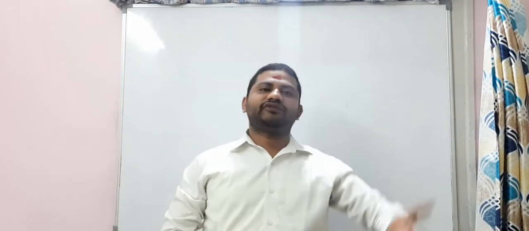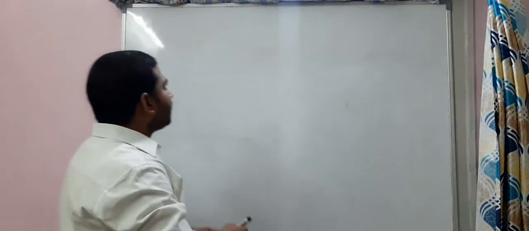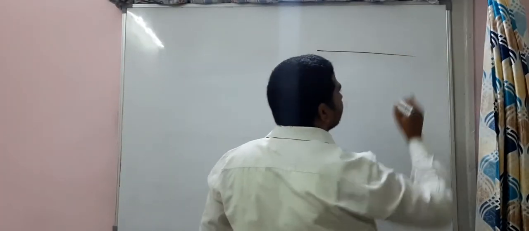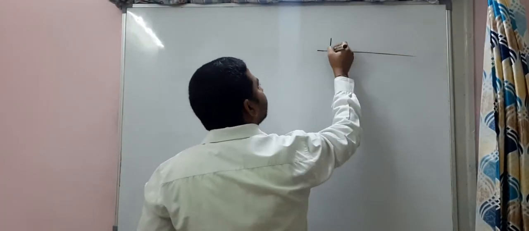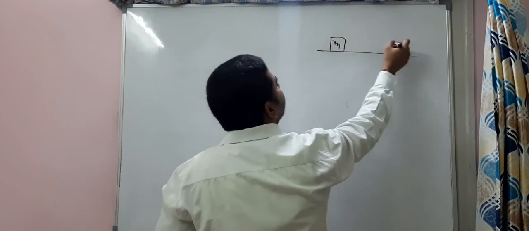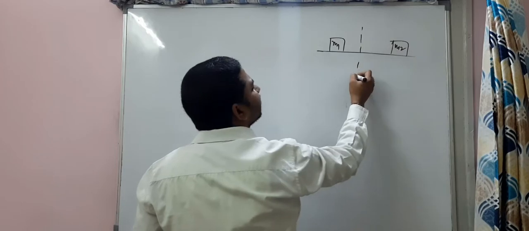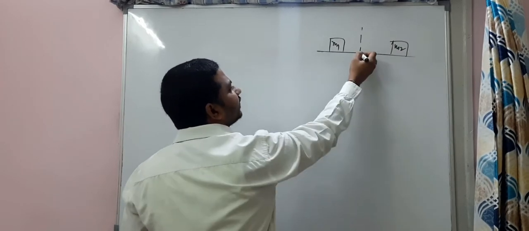Alright students, we have discussed the case where there is no shift in the center of mass, right? So I hope you remember the question. This is the ground. There is a body of mass m1, and a body of mass m2 is kept here, and imagine the center of mass of the system is here.